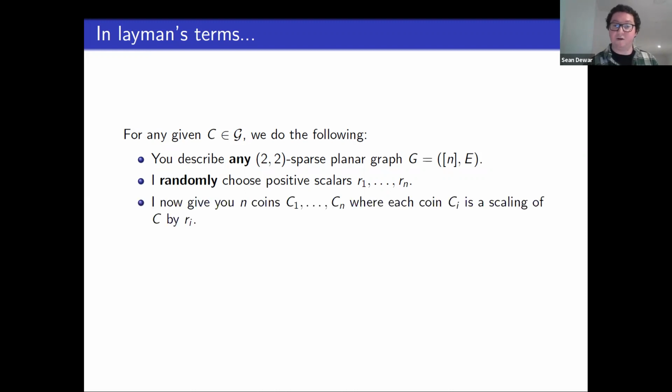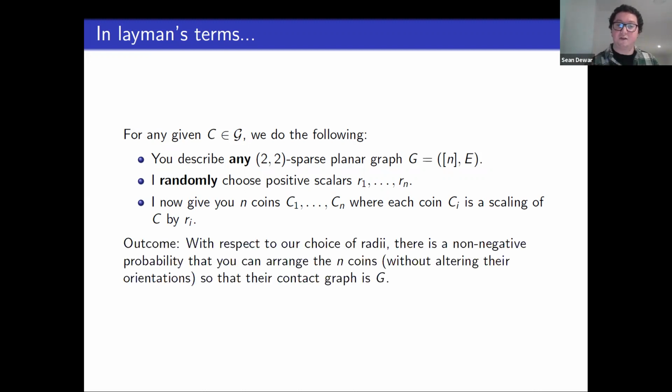I'm now going to give you the n coins like before, where Ci has been scaled by Ri. And what's going to happen is, with respect to our choice of radii that I randomly chose, there's going to be a positive probability that you can put them down on the table and rearrange them and stick them together so that the contact graph is the graph that you described in the first place.